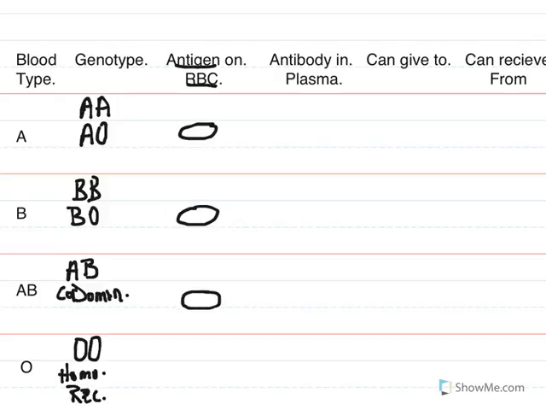I'm going to draw a red blood cell in here right now for each of the blood types. And on each of these, if you are type A, you are going to have a protein called protein A. And we're going to designate it like this, like a little mushroom.